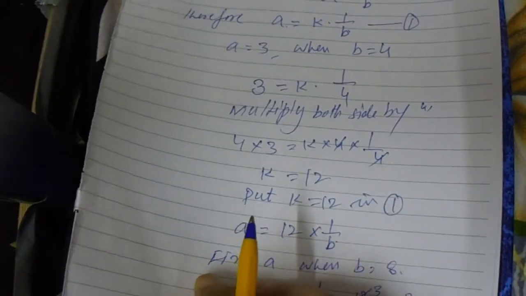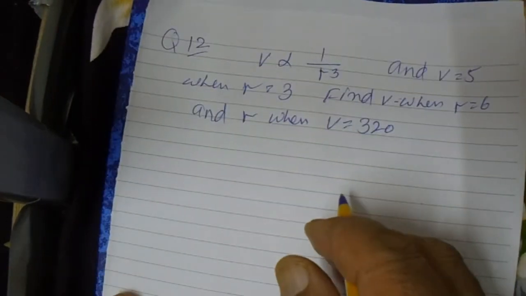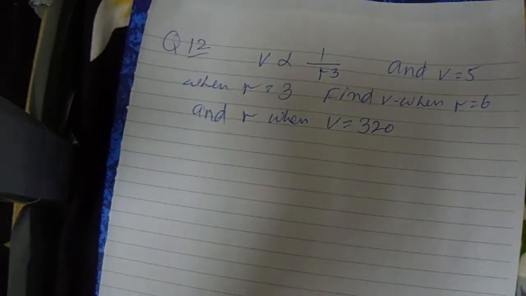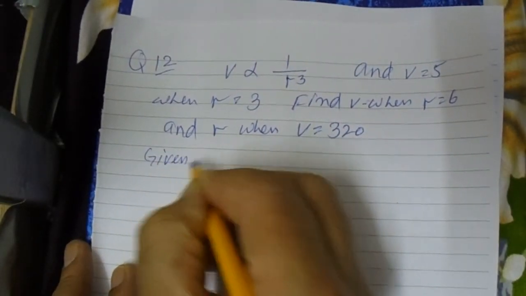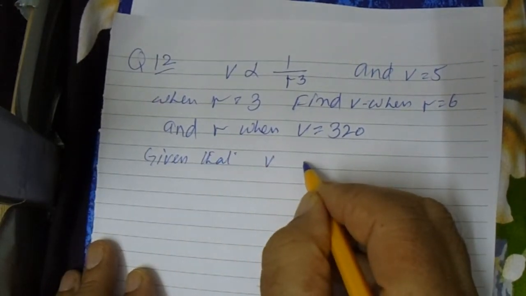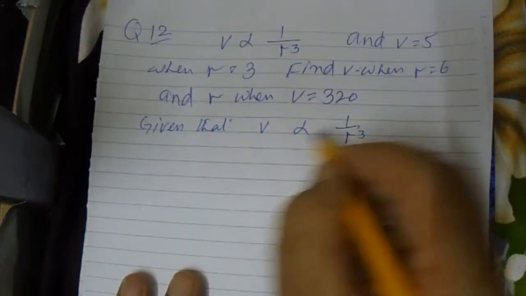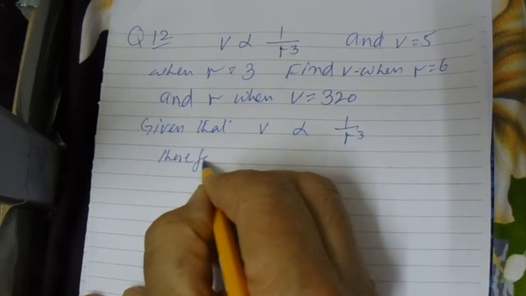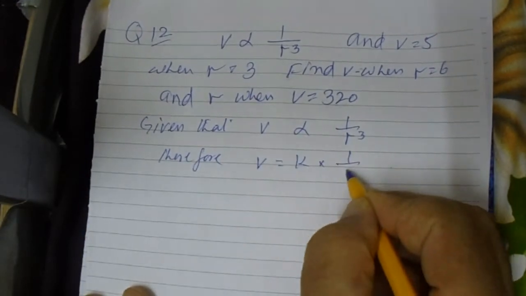And now this is question number 4. Here given that V varies inversely as 1 over R cubed. Therefore V is equal to k multiplied by 1 over R cubed.